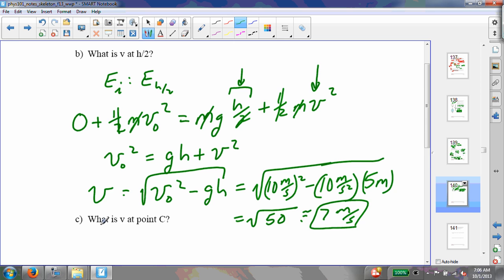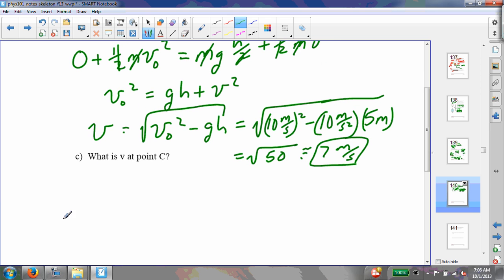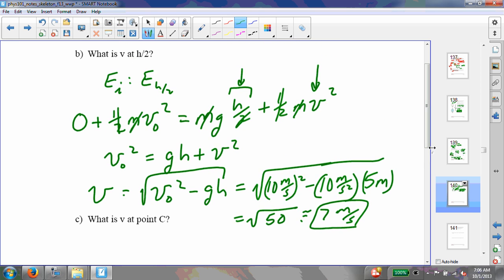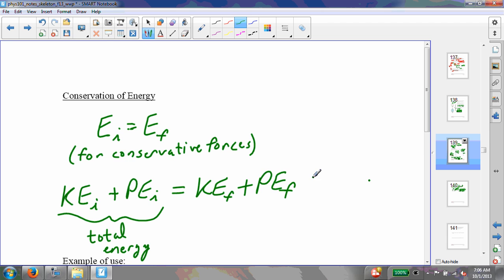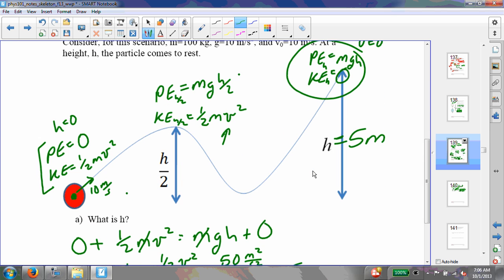Okay. And now I also want to know what is v at point C. Let's see, was that labeled on my figure? No. I want to know what is v at point C. And at point C, my height is h over 3. Notice, by the way, that my velocity at this point, which is at a similar height, would be exactly the same. Likewise, over here at h over 3.